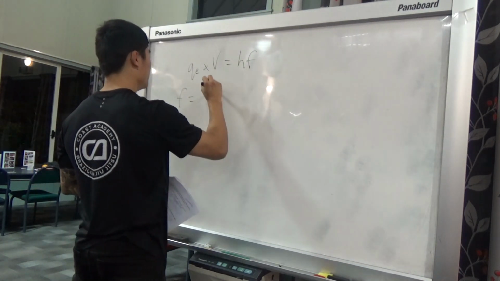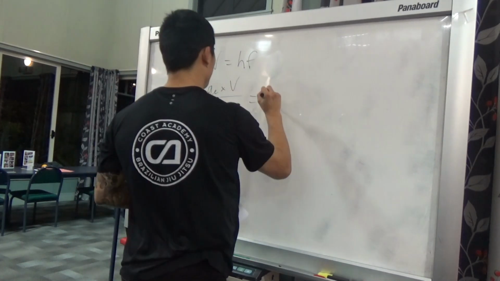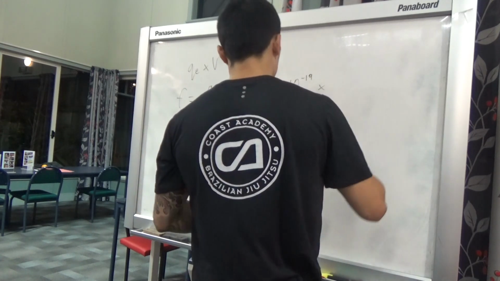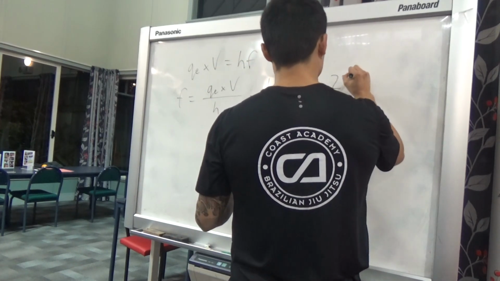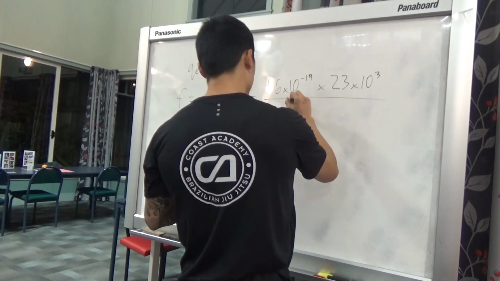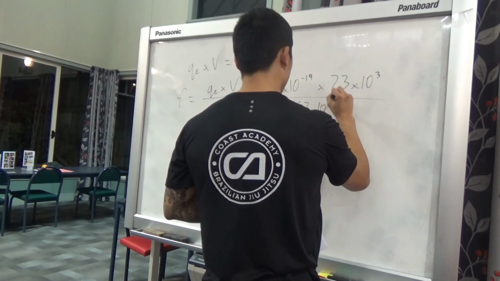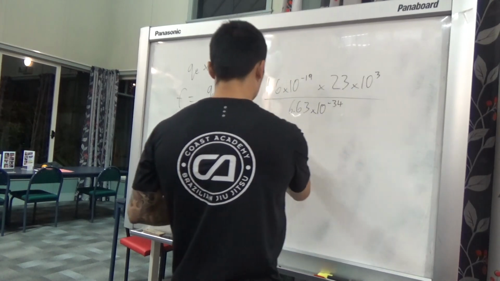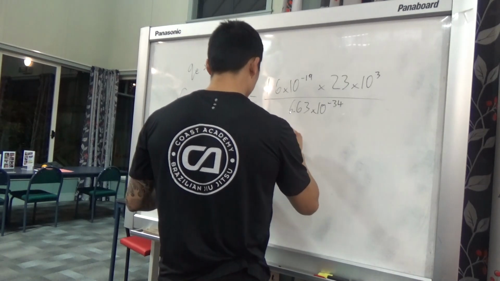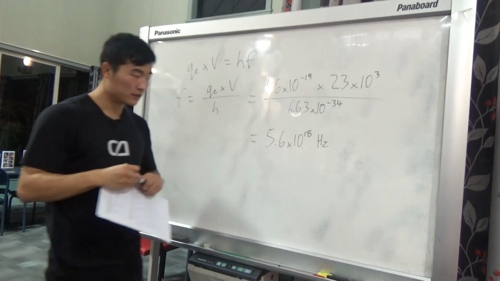F is equal to QE times V divided by H. So 1.6 times 10 to the negative 19 times the voltage, which is 23 kilovolts, divided by Planck's constant, which is 6.63 times 10 to the negative 34. So that's 5.6 times 10 to the 18 hertz.